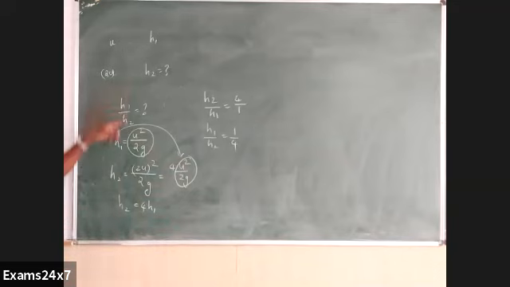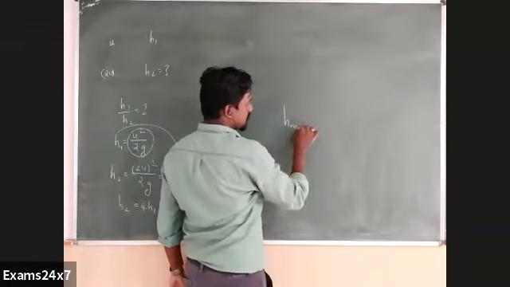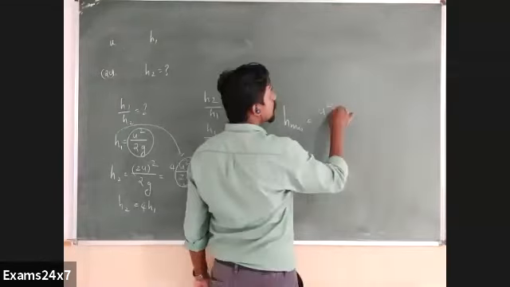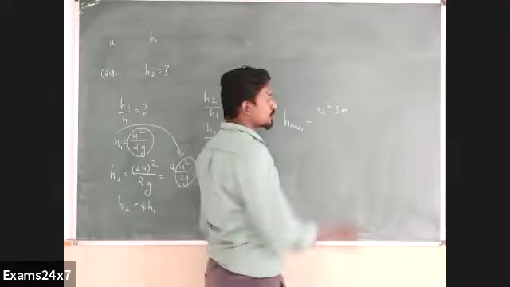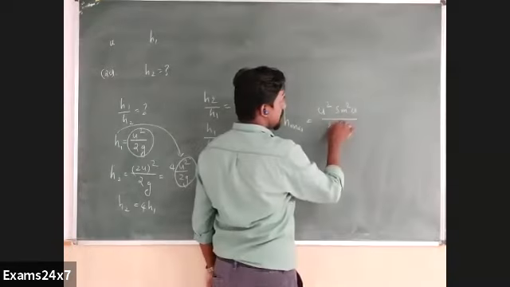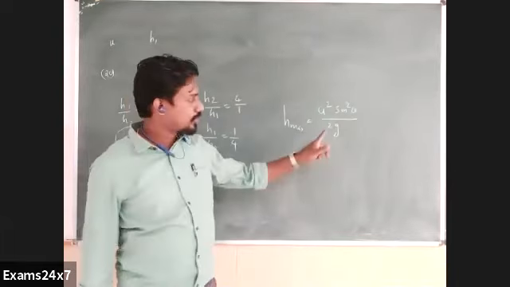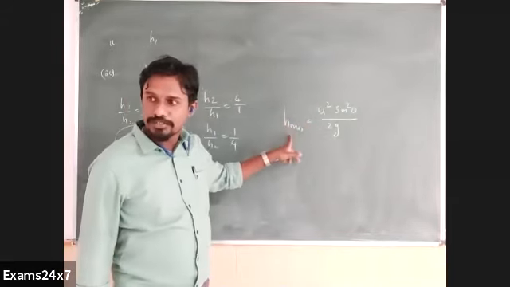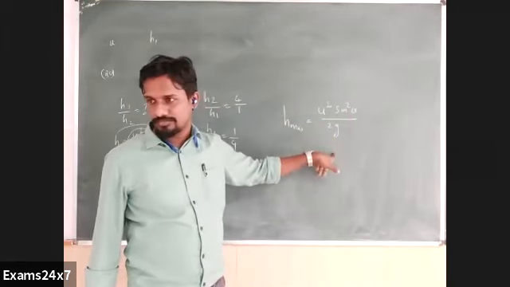Understood this equation, u square by 2g? In projectile motion, the maximum height reached is h max equal to u square sin square theta by 2g.